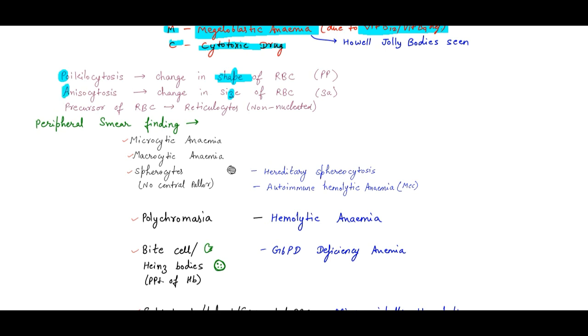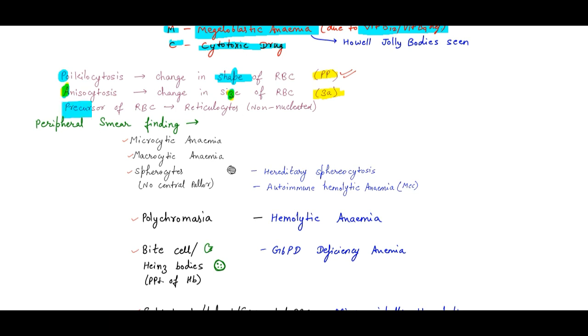So remember PPZA: P for poikilocytosis, P for shape, Z and A for anisocytosis, which is size.